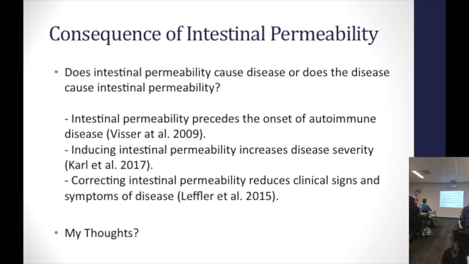Within the research community, there's a couple of questions that we're trying to answer at the moment. One of which is, does intestinal permeability cause the disease, or does the disease cause intestinal permeability? It's like the chicken or the egg scenario. I can tell you 3 things. First of all, intestinal permeability precedes the clinical onset of type 1 diabetes, celiac disease, and Crohn's disease. That is, someone is diagnosed with intestinal permeability before they get the clinical diagnosis of these autoimmune conditions.